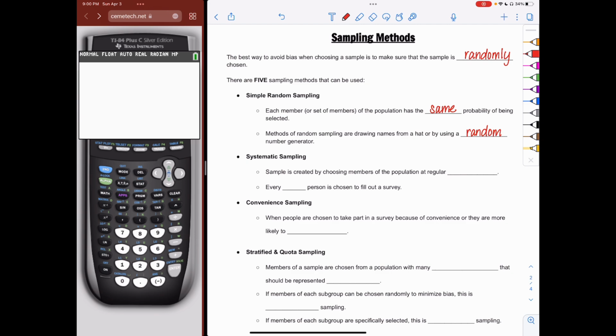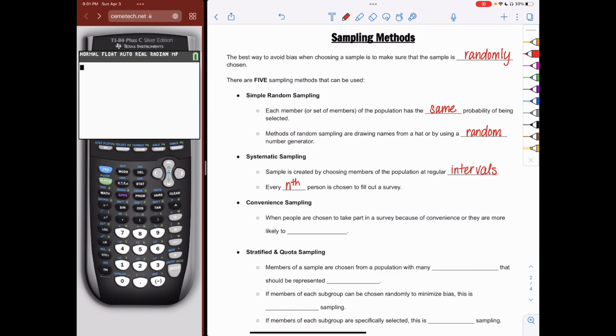The next one is called systematic sampling. A sample is created by choosing members of the population at regular intervals, meaning that every nth person will end up being selected to take the survey or to respond to a certain number of questions.